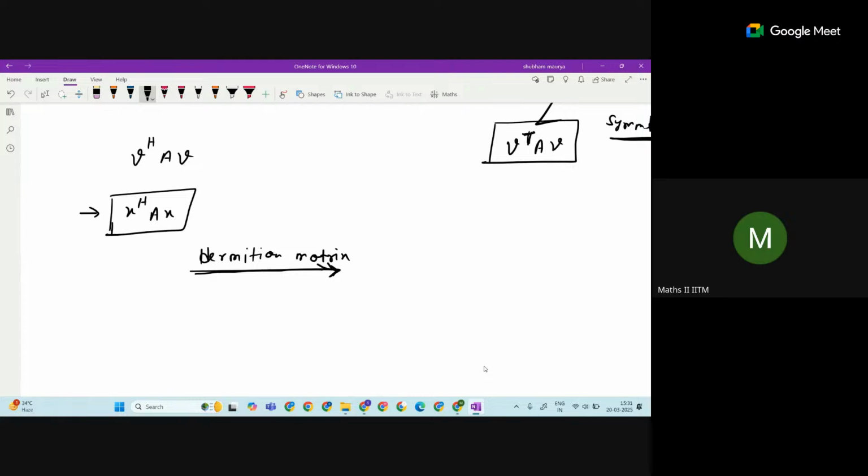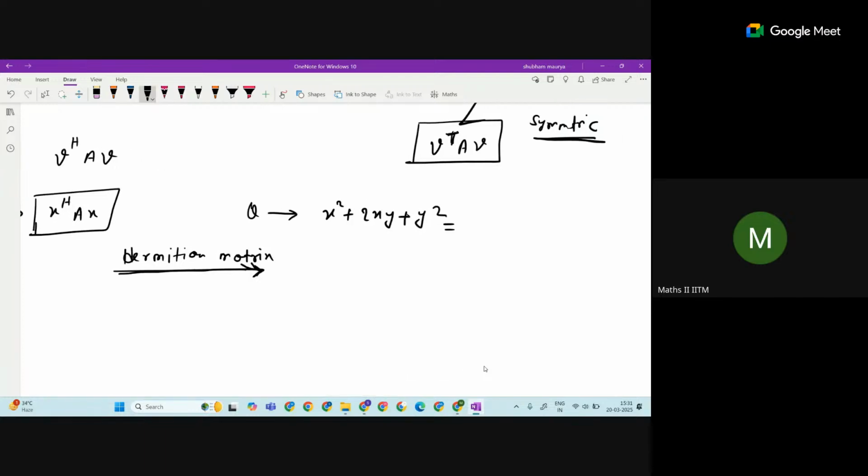Let's say x square plus 2xy plus y square. Let's say the quadratic form is this one. Write this in the matrix form, in this fashion.